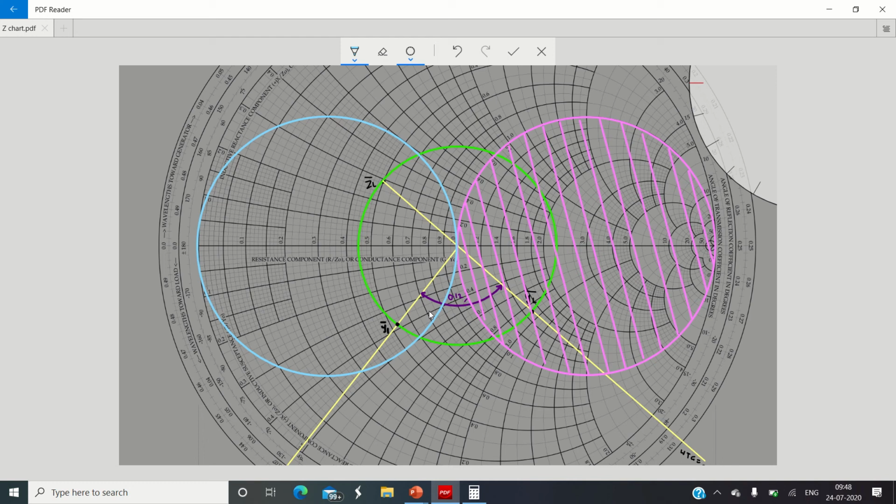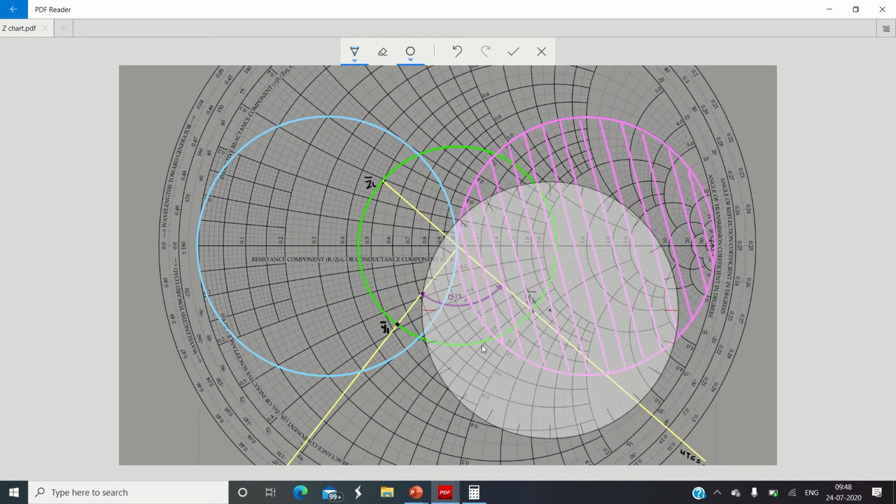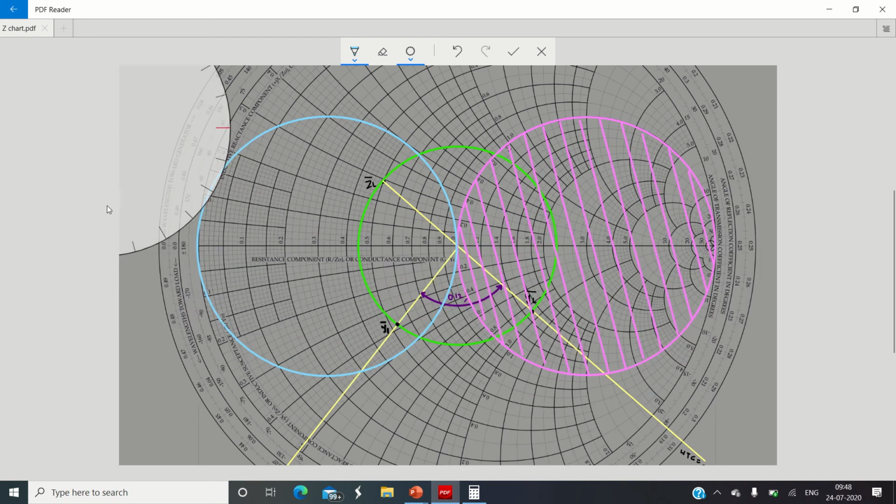These 2 points are known as design points. Our next task is to draw a conductance circle passing through this y1 bar. We already know how to draw a conductance circle by manually constructing it. What we know is this point and the right-hand side point are located on the chord of that circle.